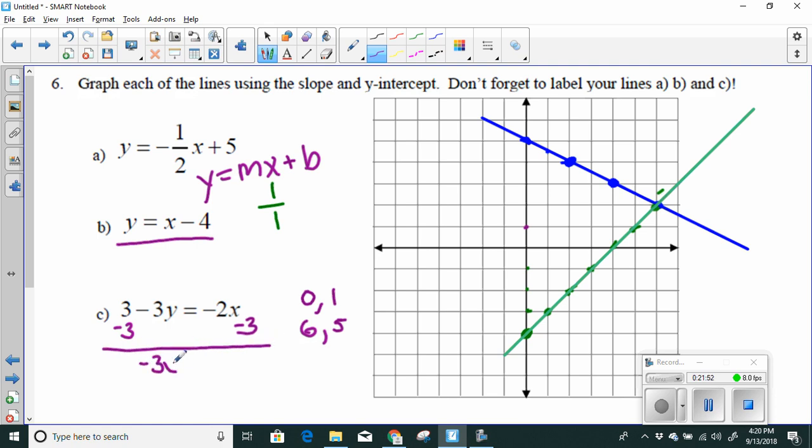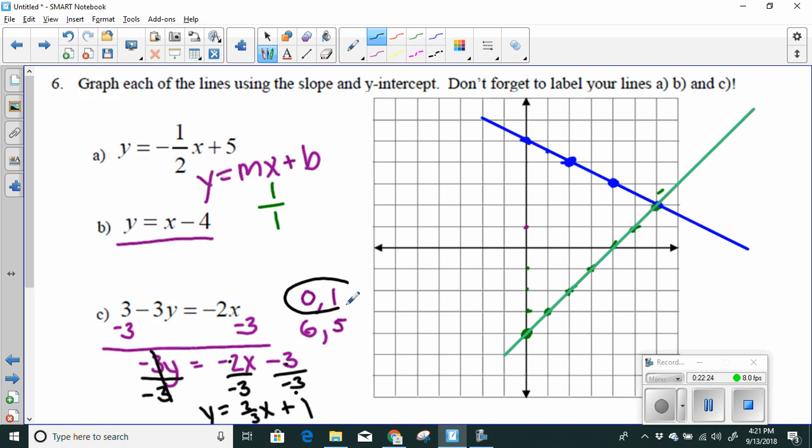Bring down a negative 3y equals negative 2x minus 3. And then we could divide each part separately by negative 3. We get y equals, negative 2 divided by negative 3 is 2/3 x, and negative 3 divided by negative 3 is positive 1.